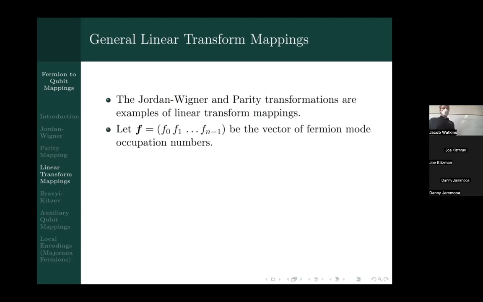So we can let f be a vector of the fermion occupation numbers, ones and zeros, based on whether each site or other fermion mode is occupied. And also define a vector of the qubit states.